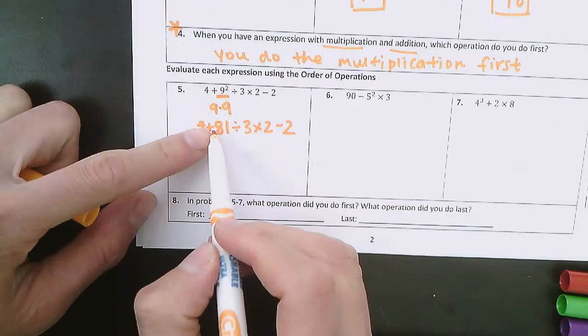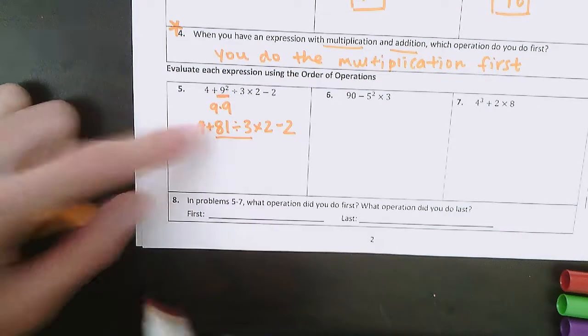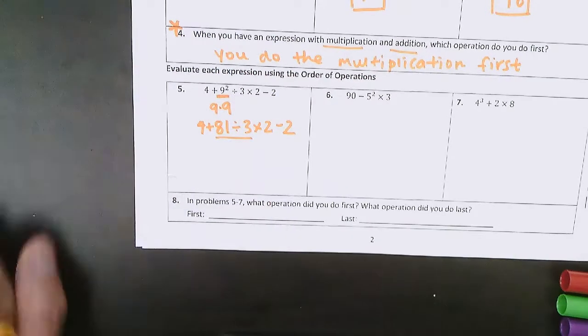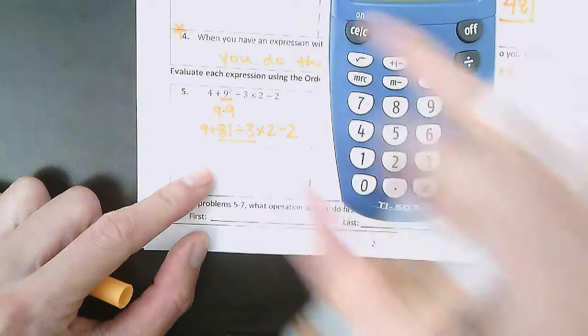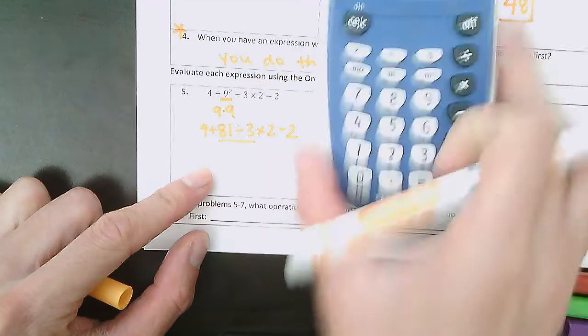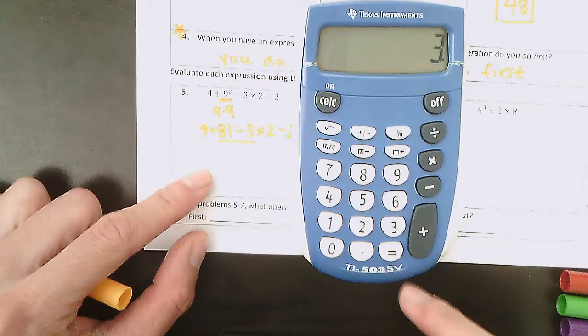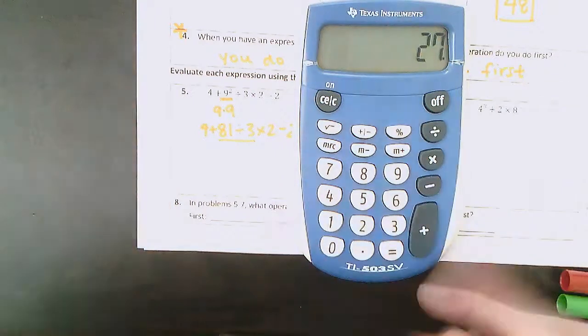4 plus, that's addition, so we're not going to do that yet. Here's division, so we'll do that. 81 divided by 3. Well, you can do that in your head, or you can use a calculator. 81 divided by 3 equals 27.